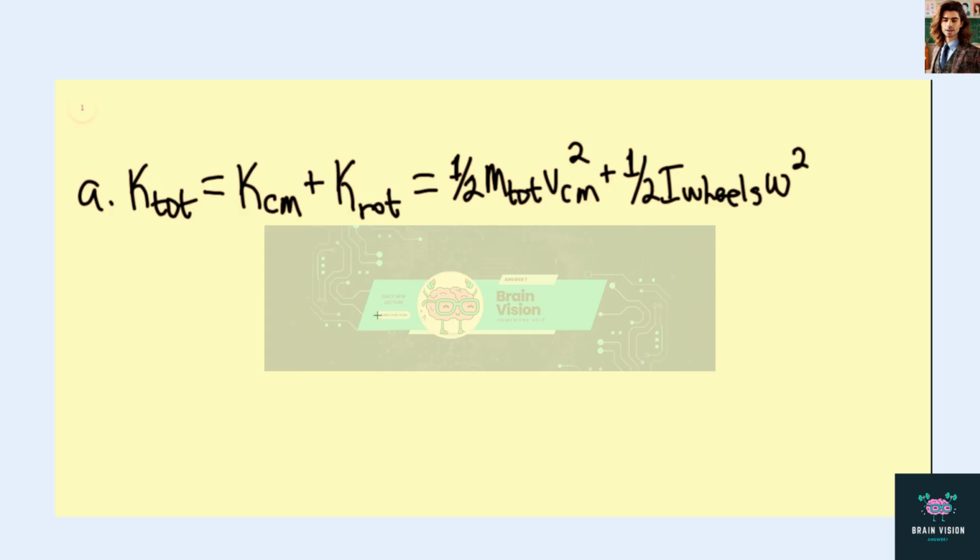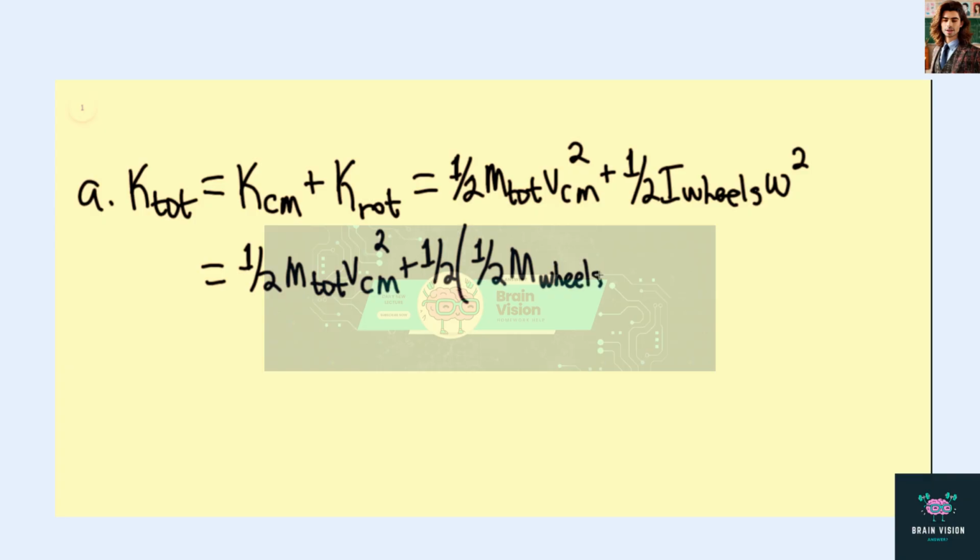And so this is going to be equaling 1/2 times the total mass multiplied by the velocity of the center of mass squared plus 1/2 times 1/2 times the mass of the wheels times the radius of the wheels squared multiplied by the velocity of the center of mass divided by the radius of the wheels, quantity squared.